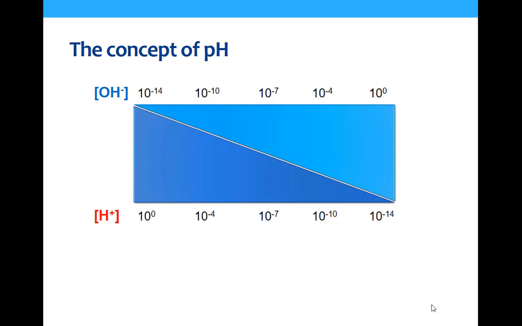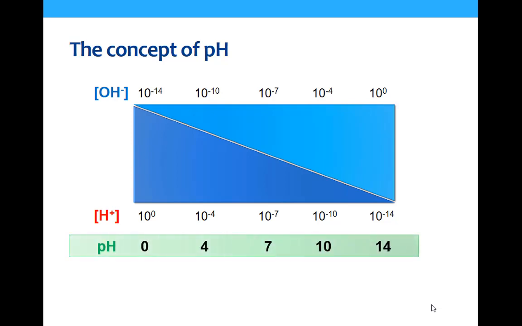If one increases, the other decreases. And where are they in equilibrium? Somewhere here in the middle. At this point, both of them are at the same concentration. We call it the neutral pH, and this neutral pH is at 7, 10 raised to power minus 7 concentration of H plus ions.